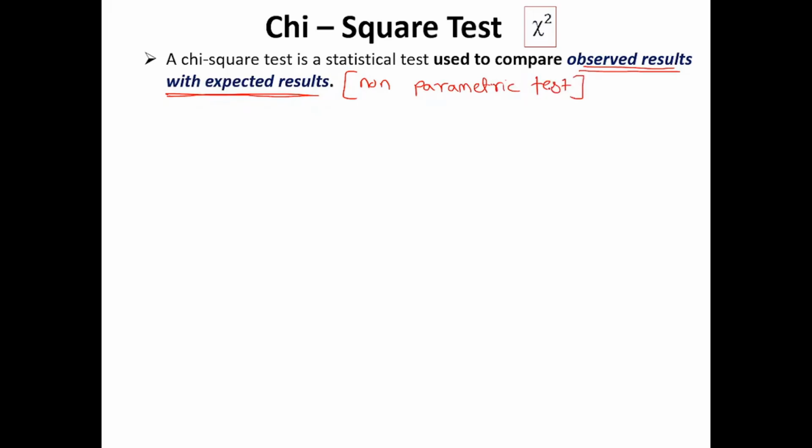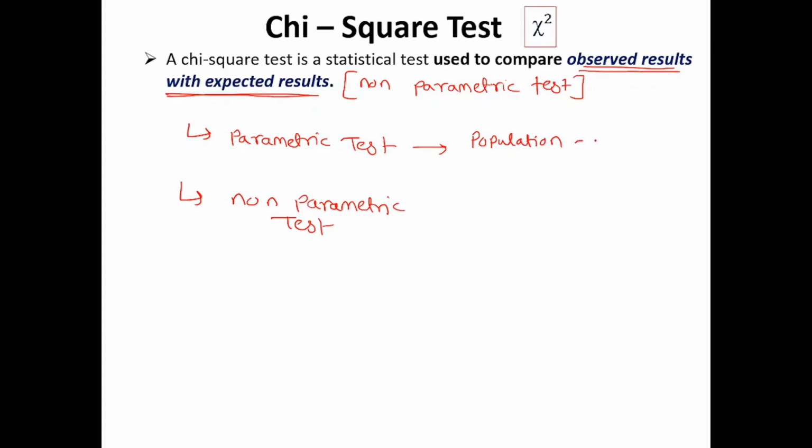In statistics, we generally deal with two types of tests, parametric test and non-parametric test. In parametric test, we consider the population. From the population, we draw the samples.